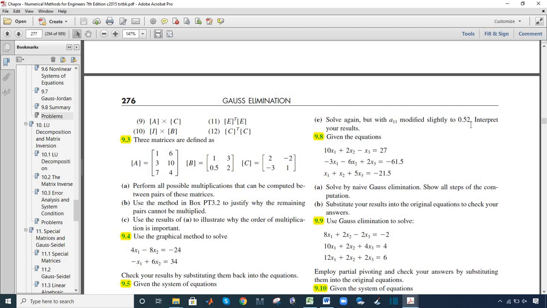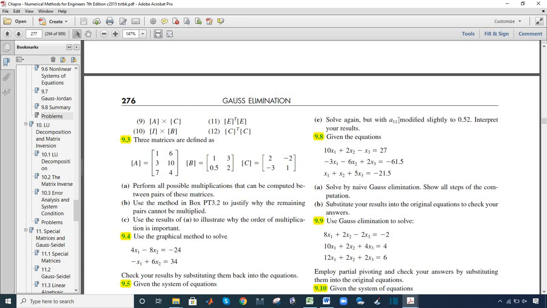It means a slight change in the value of this element, but the result is very different. This is the proof of an ill conditioned system.